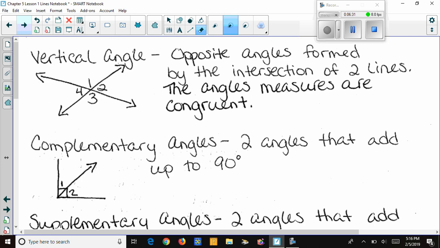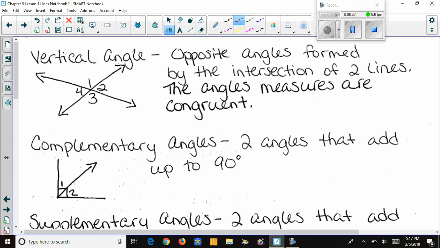We're going to look at a couple more definitions that are kind of a review, but I want to make sure I cover it for those of you that might not have seen these before. Vertical angles are opposite angles formed by the intersection of two lines. The angle measures are congruent.